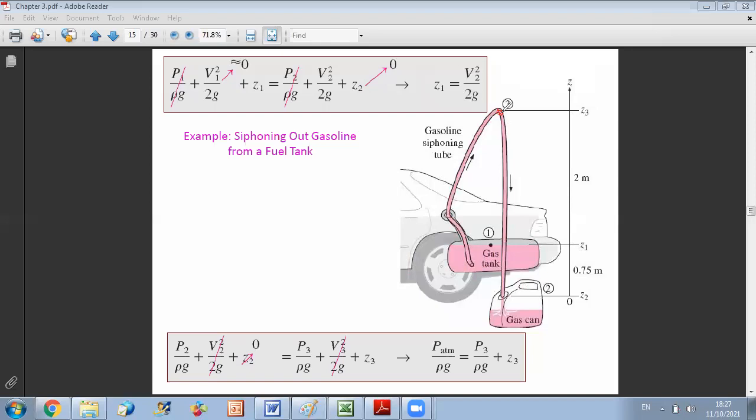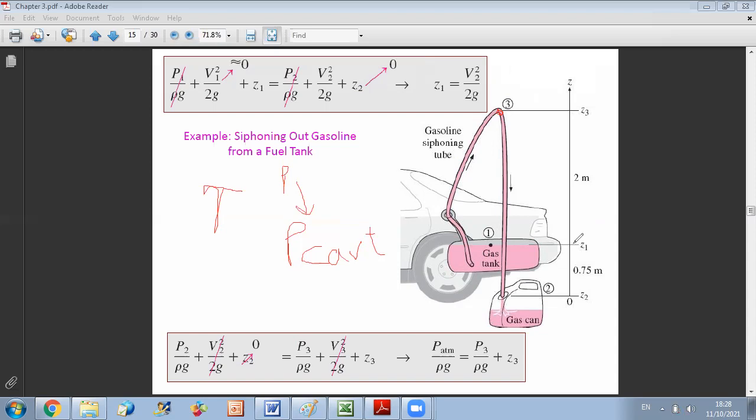If you remember, when we considered chapter 1, we talked about a property of a fluid. Any liquid, at a certain temperature T, if I continue to decrease pressure, I will reach a certain pressure called the cavitation pressure, where I will see the formation of bubbles in my liquid system.